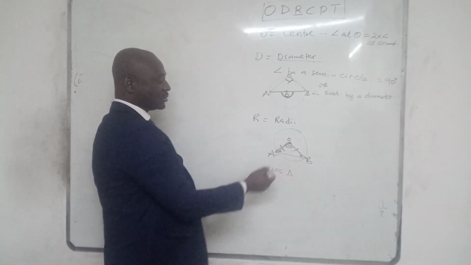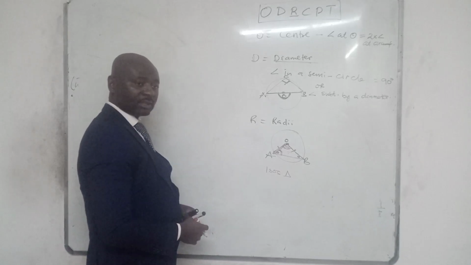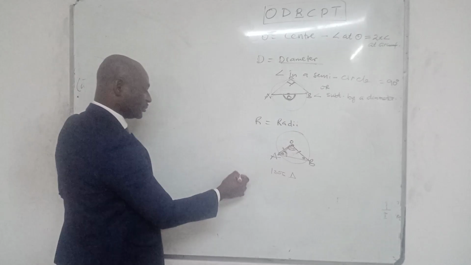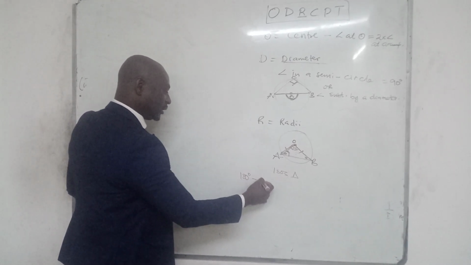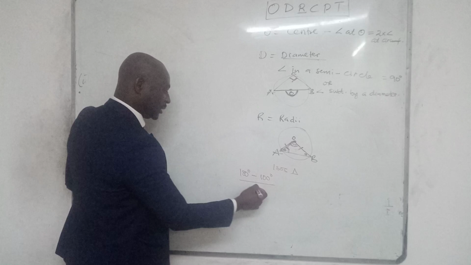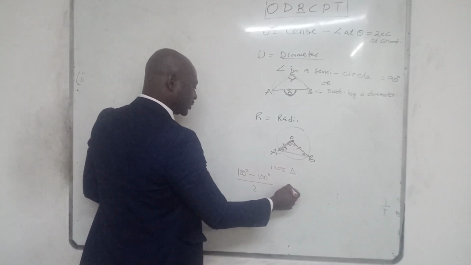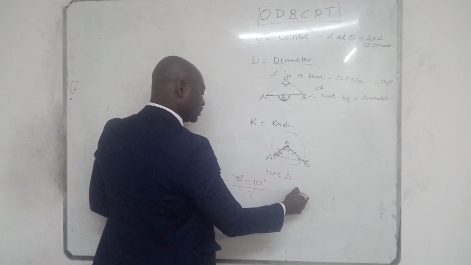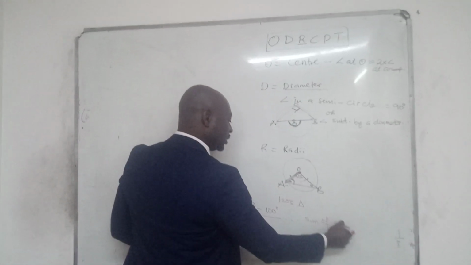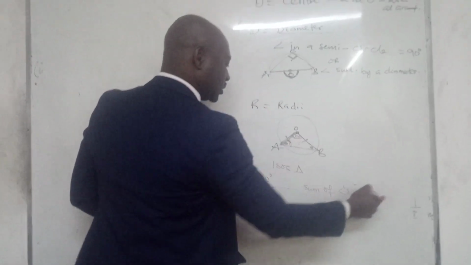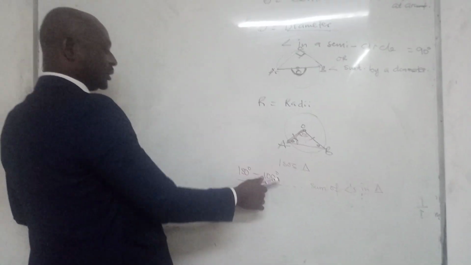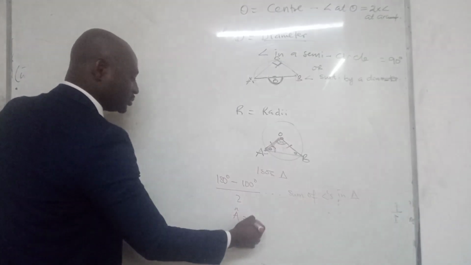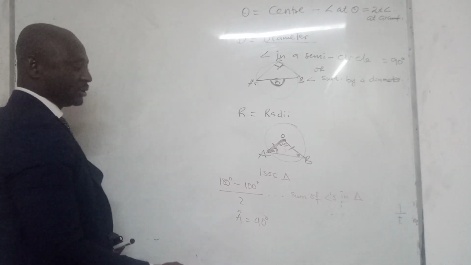If the examiner asks you to calculate the size of angle A, you will simply say 180 degrees minus 100 degrees, divided by 2. The reason is sum of angles in a triangle. 180 minus 100 is 80, and 80 divided by 2 gives you angle A equals 40 degrees.